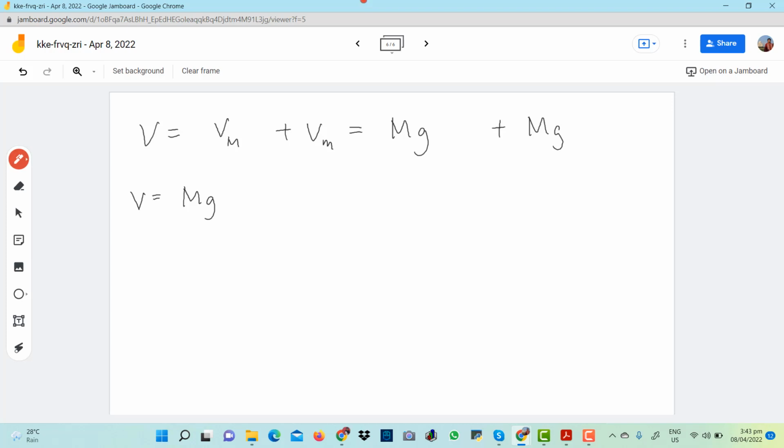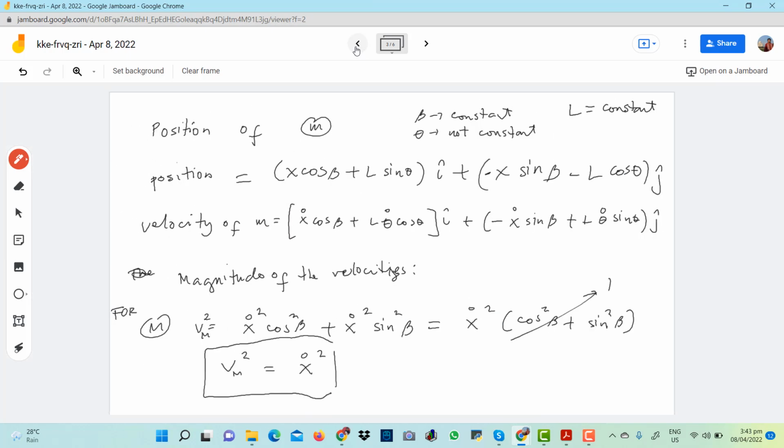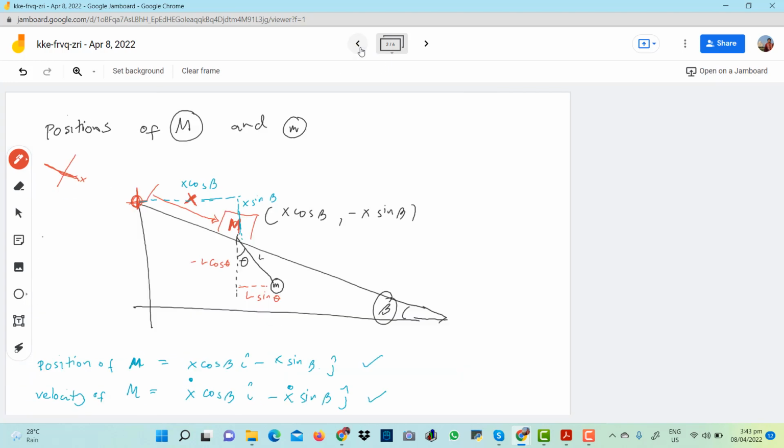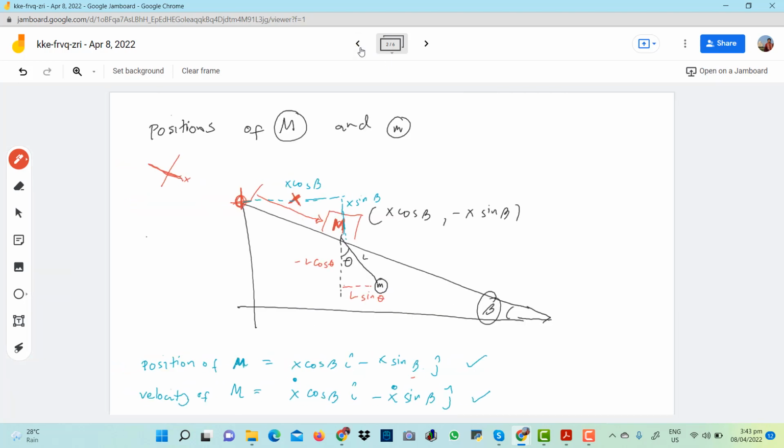So h, this is h for M, and this is h for the small m. And what is h for M? It is just the y position, and from the picture it is x sine beta.